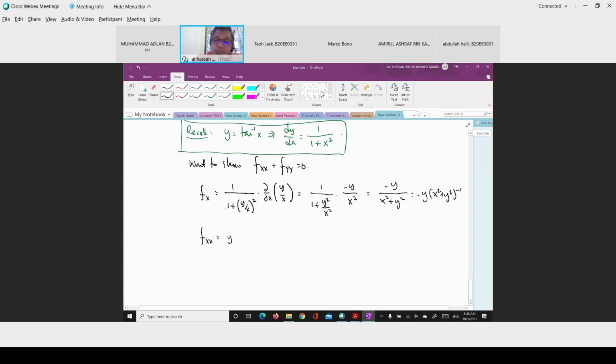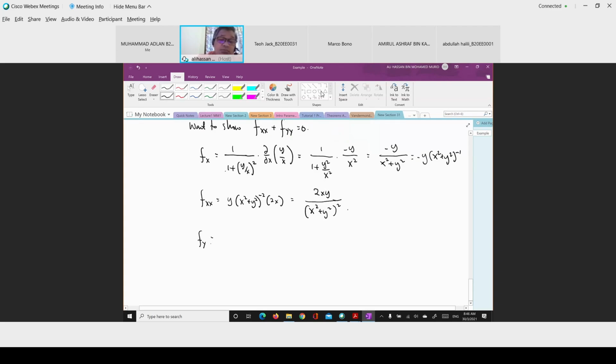Using the chain rule again, the outer function is the power function, and then we differentiate the inner function with respect to x. We get 2x. So this is 2xy divided by x squared plus y squared to the power of 2 here.